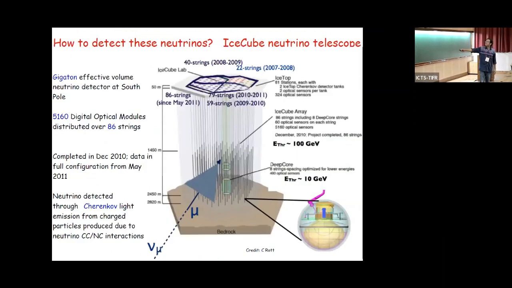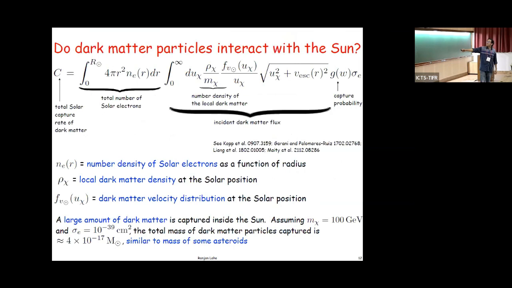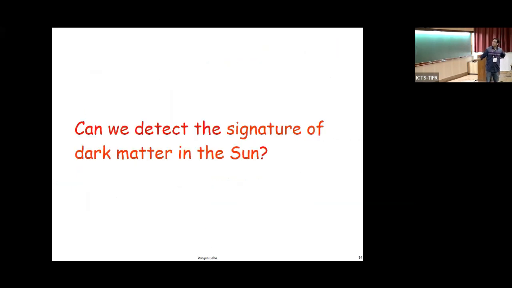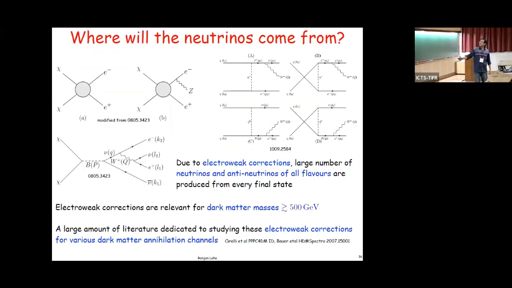So which electron gets upscattered? E plus chi going into E plus chi plus something. Wait, just one second. So you're talking about this process, right? Oh, you're talking of the Z Bremsstrahlung during the capture.